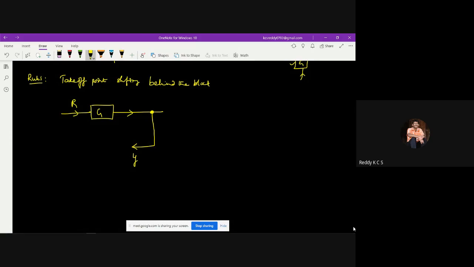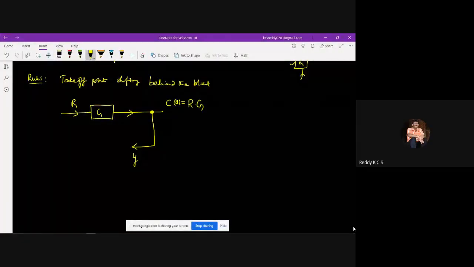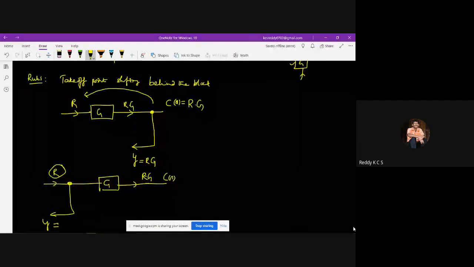Say c is equal to c of s, which is equal to r into g of s. This is taken for measuring the feedback, measuring the output.